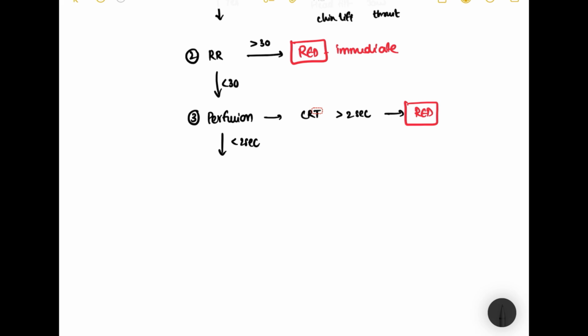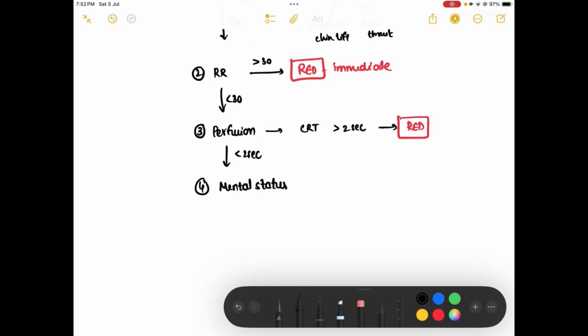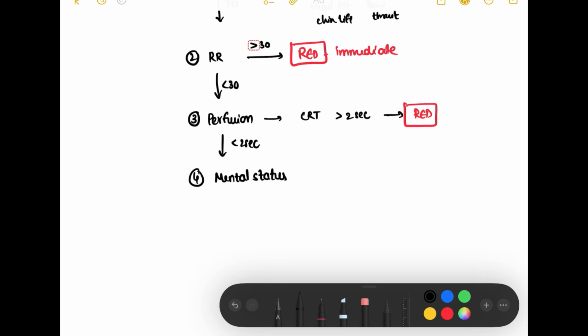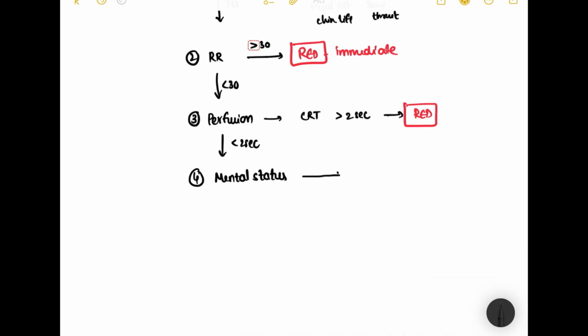then what are you going to check? You are going to check his mental status. Like you are going to ask his name or age, where is he now. If his mental status is good, like he's able to answer whatever question you are asking, then you can categorize him under yellow, which is delayed.